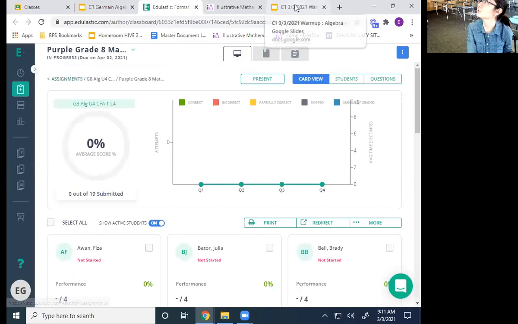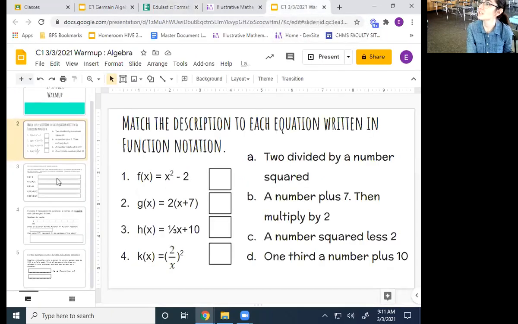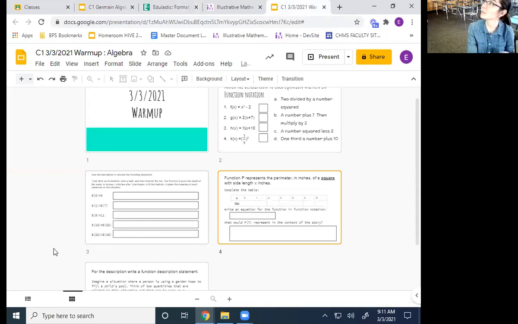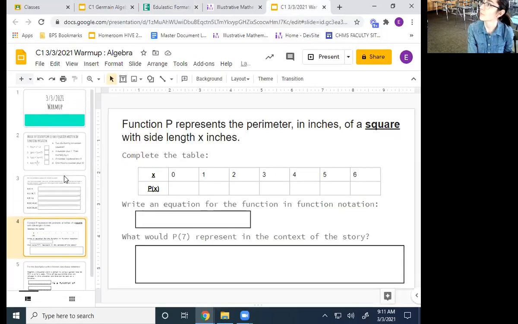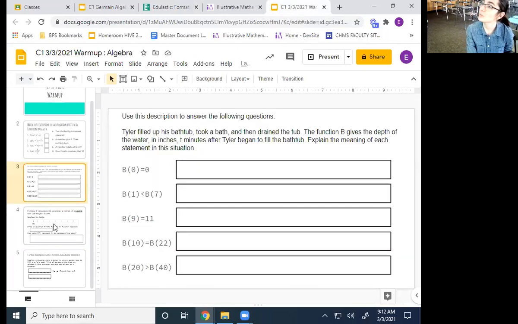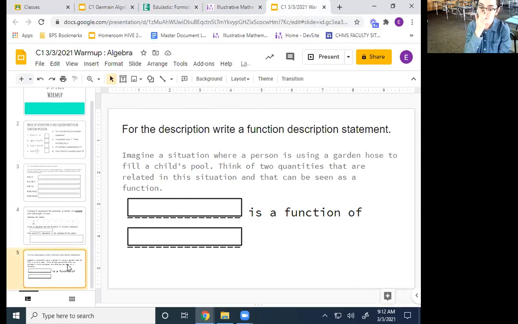And then your afternoon work is just these 3 slides here. Once you complete the exit slip, yes, you can submit it, but I would suggest not submitting it until you finish it. So your afternoon work today, all you have to do is on the warm-up slides is 3, 4, and 5.